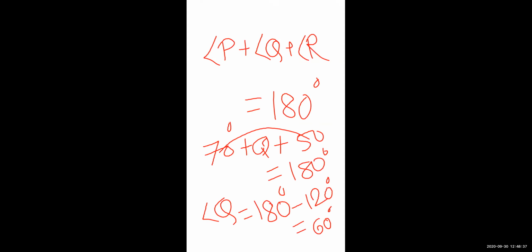Okay. Now the next step, angles: angle Q and angle R. Angle Q is 60 degrees, draw it, and angle R is 50 degrees, draw it. If it is done, then send me Y or thumb.